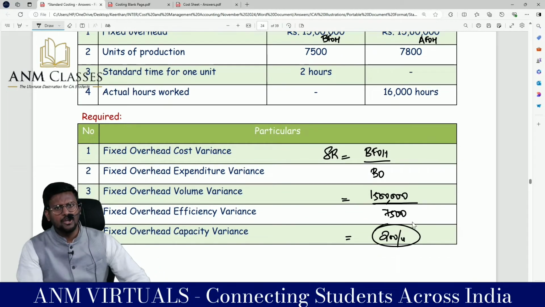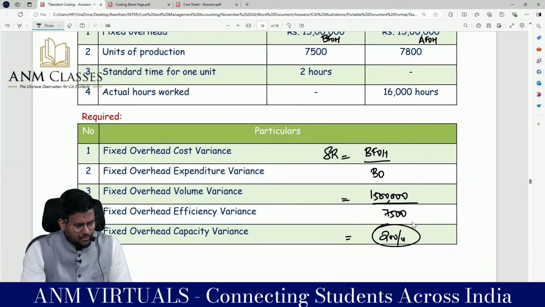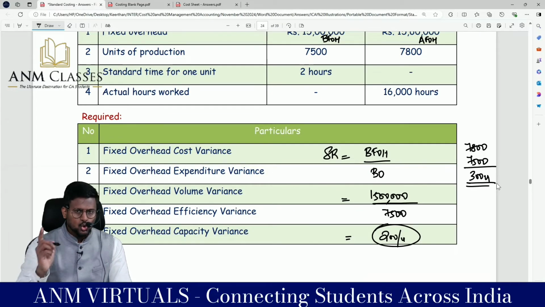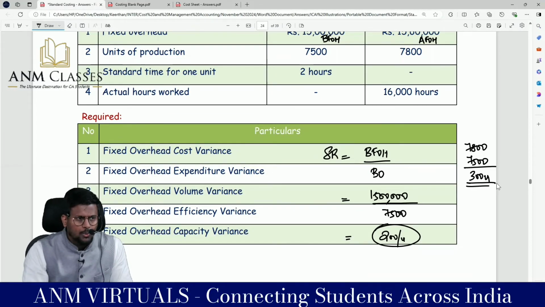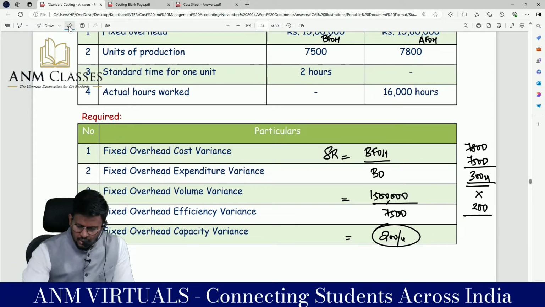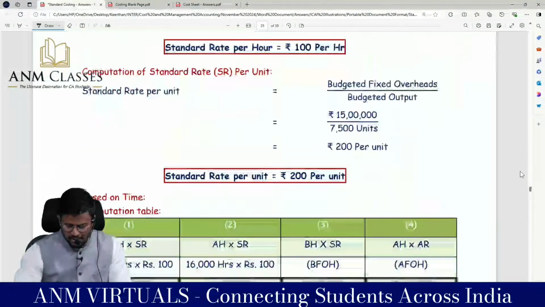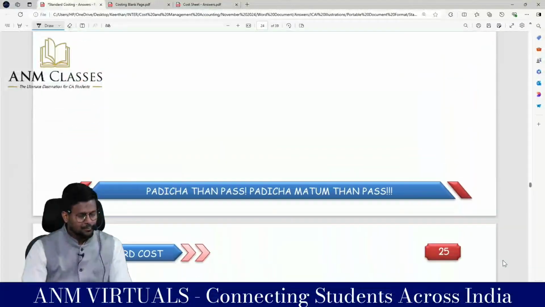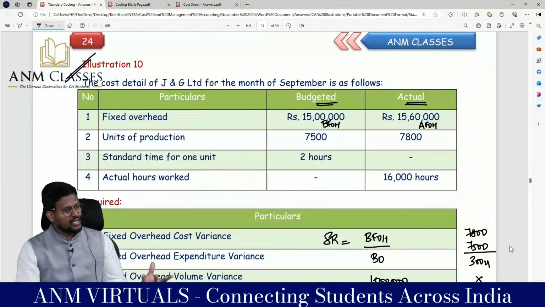Every unit will absorb 200 per unit. 7,800 minus 7,500 means 300 units extra. So 300 into 200 comes to 60,000 favorable, the volume variance. From the question itself, I am finding out the answer.